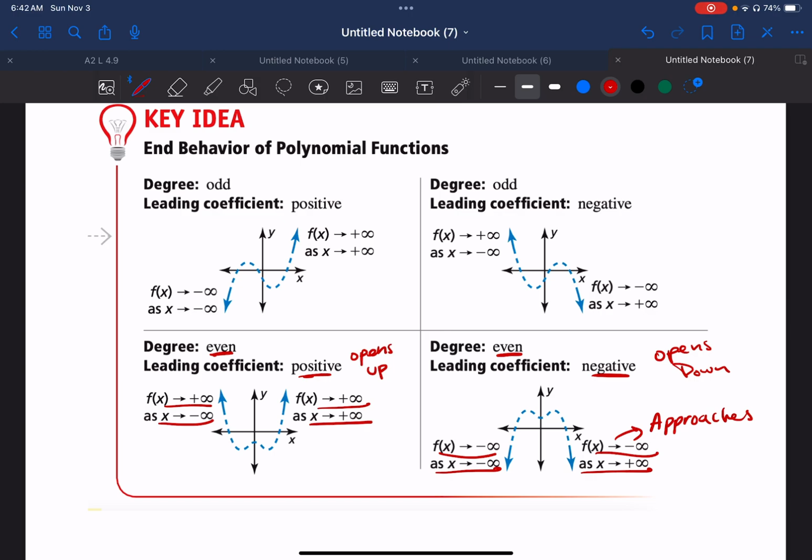So the even degrees are pretty simple because they're going in that same direction, whereas the odd degrees are a little different, okay? The odd degrees are opposites because now they have an even number of curves. 1, 2, 1, 2. So they have to go in opposite directions.